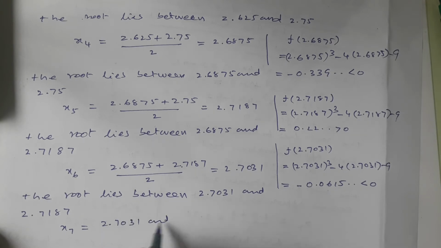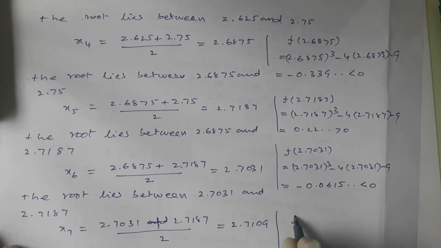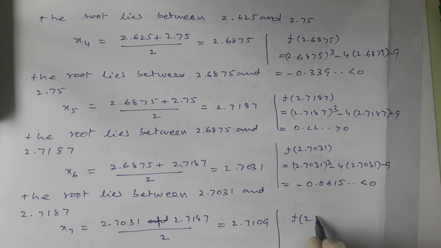2.7031 plus 2.7187 divided by 2 is equal to, the average, 2.7109. f of 2.7109 is equal to 2.7109 whole cube minus 4 into 2.7109 minus 9 is equal to 0.07874, which is greater than 0.